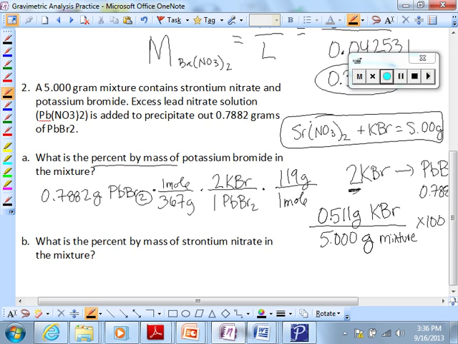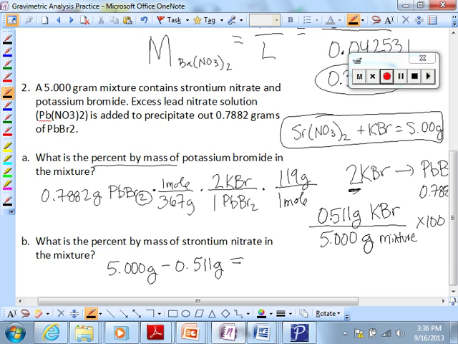Remember this comment above. So if we know our mass of potassium bromide, we can find our mass of strontium nitrate just by subtracting. So 5 grams, our original mixture, minus the potassium bromide, must equal the strontium nitrate.